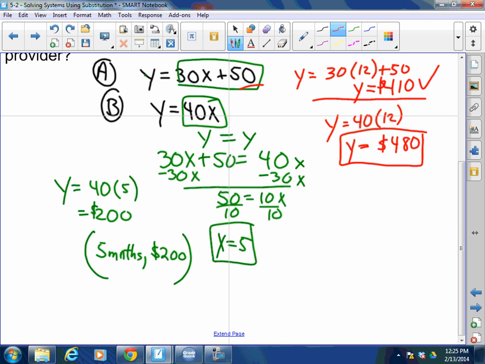If you had it for 4 months, then that would work better. When will they both cost the same? At 5 months. Okay. Does that make sense, my brothers?